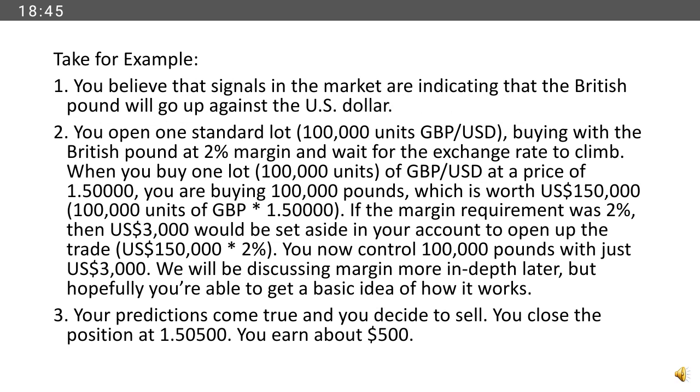Take for example, you believe that signals in the market are indicating that the British pound will go up against the US dollars. So you open one standard lot, which is 100,000 units, GBP/USD, buying with the British pounds at 2% margin and wait for the exchange rate to climb.